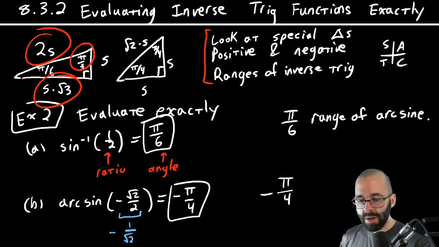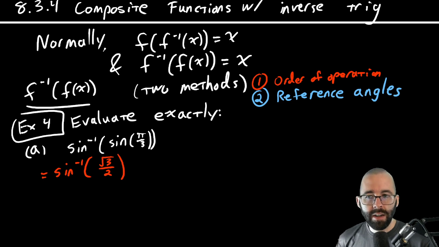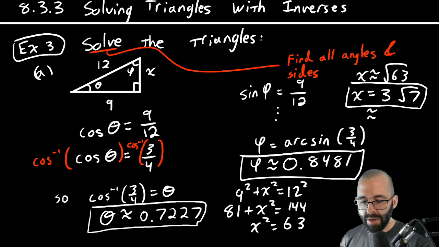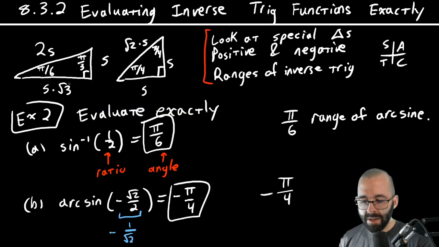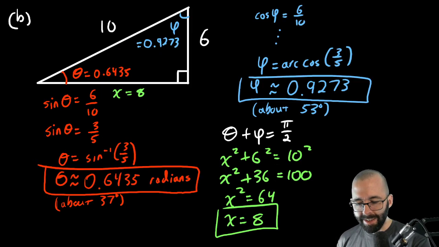That cancels to root 3 over 2. All right, and then we have to say, well, what is arc sine of root 3 over 2? What angle has root 3 over 2? Well, we just answered that. The angle is pi over 3.